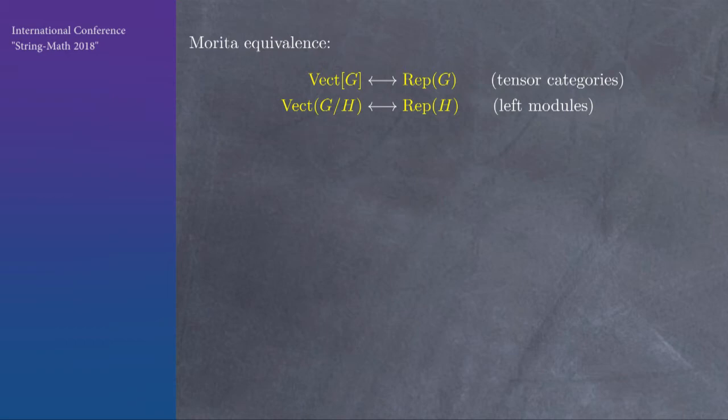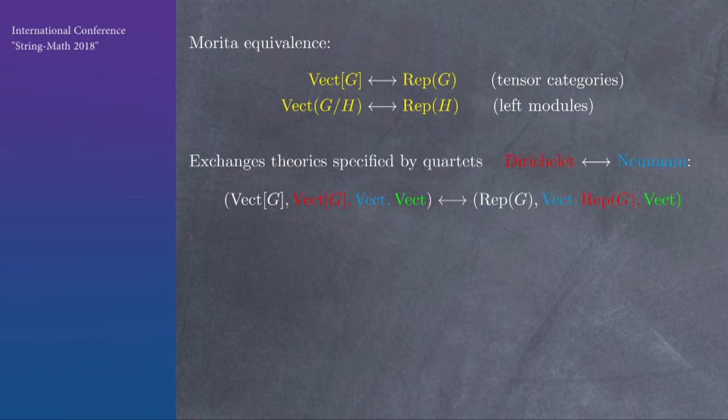And now, remember that we have this basic Morita equivalence, this non-abelian electromagnetic duality, between the tensor category behind the gauge theory and the one behind this other theory. And so if we take our quartet of data for the gauge theory and we apply this Morita equivalence, then we get the theory for the representations of G, and the Dirichlet and Neumann boundary conditions end up exchanging.